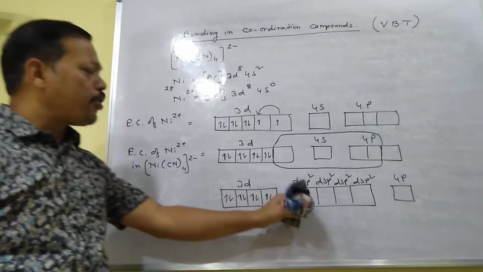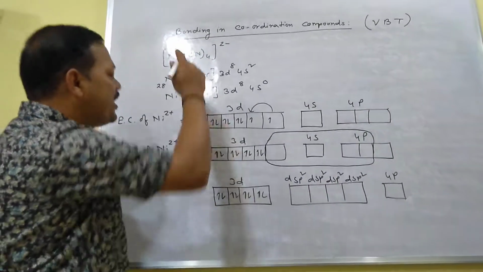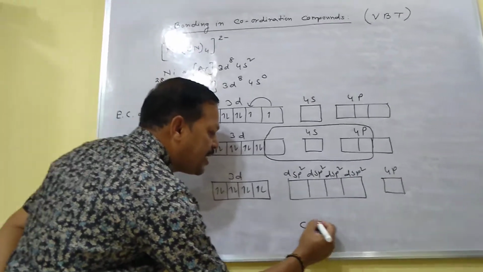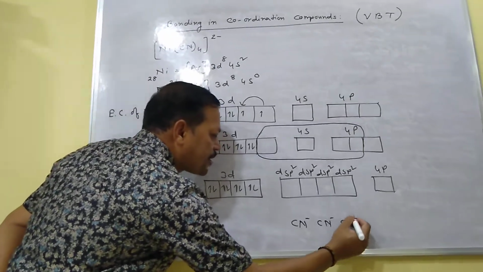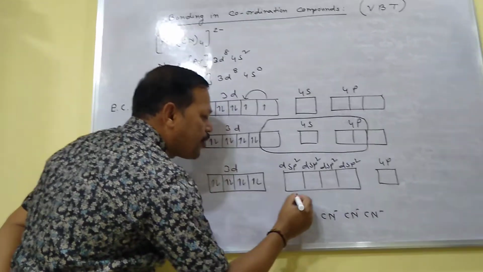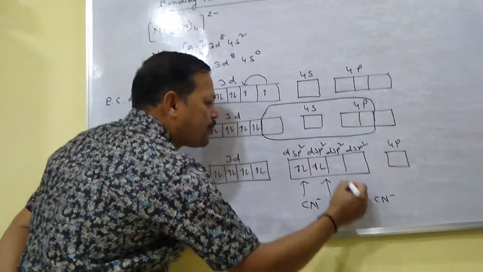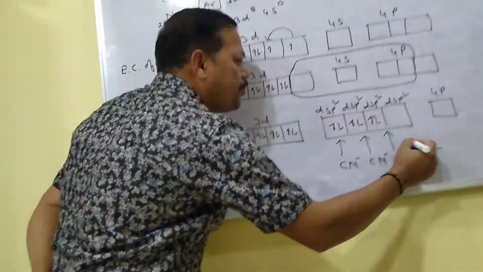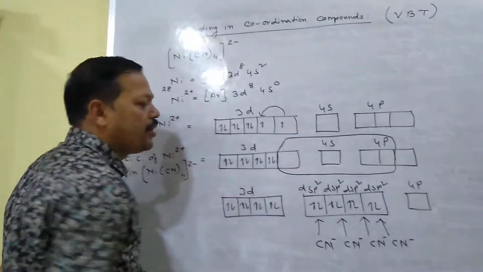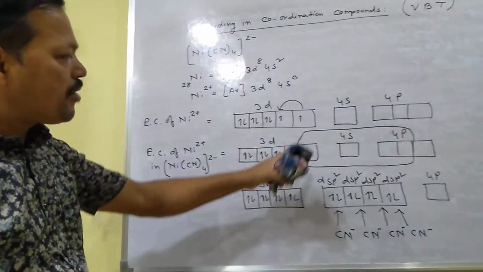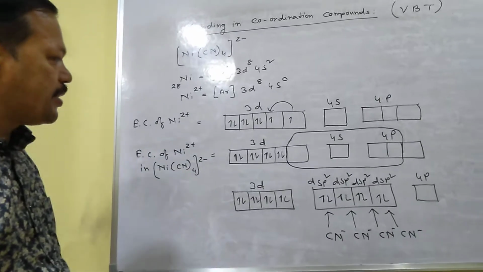Now after production of these hybrid orbitals, the ligand, our ligand is cyanide ion. The 4 cyanide ions donate one pair of electrons each to these hybrid orbitals. After donating, they form the bond between the metal and the ligand. Like this you can find out the type of hybridization.